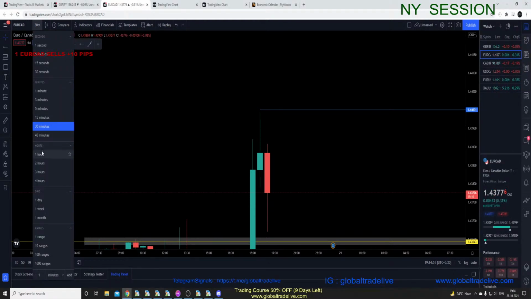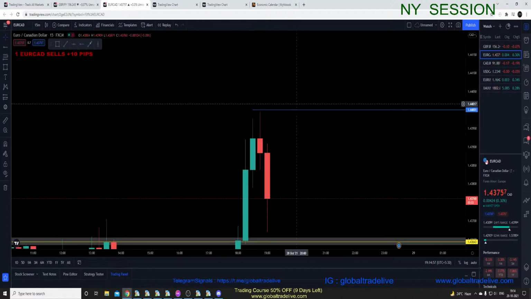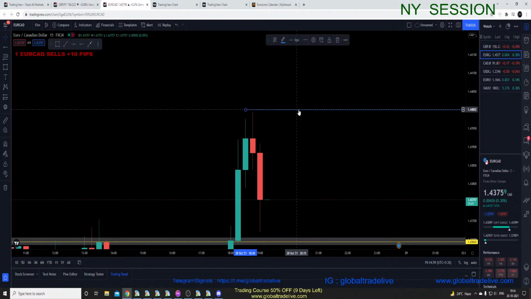So 15-minute candle is about to close. So this is the retracement happening at this point of time.